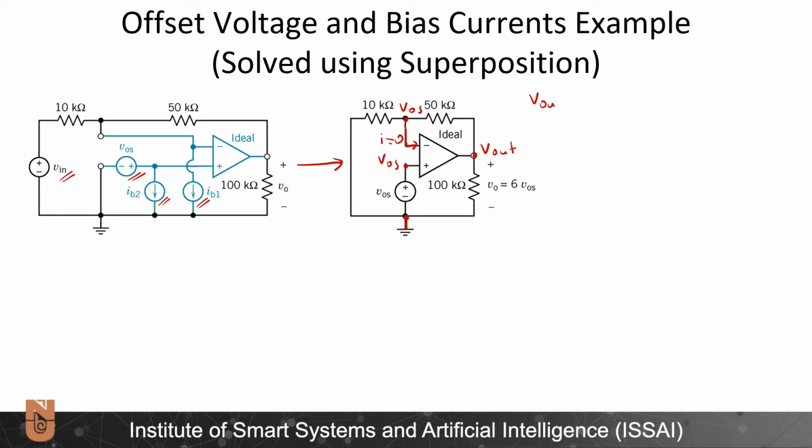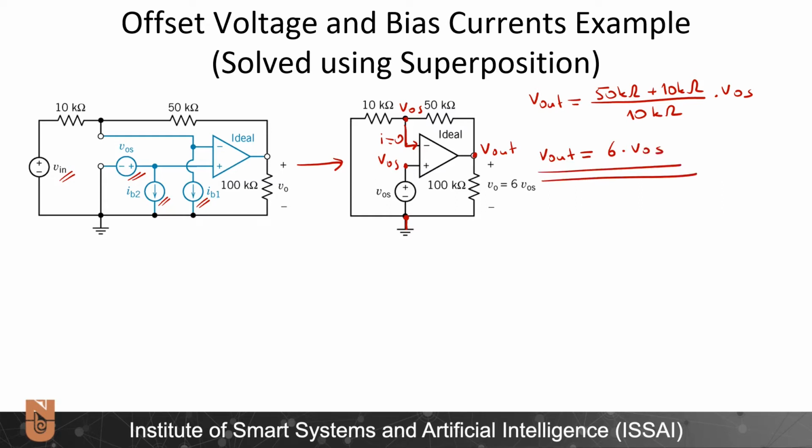V out can be found using the voltage divider rule, and it will be 50 kilo ohms plus 10 kilo ohms divided by 10 kilo ohms times VOS. Accordingly, V out is equal to 60 divided by 10, 6 VOS. So now I found the output of the circuit due to the offset voltage.